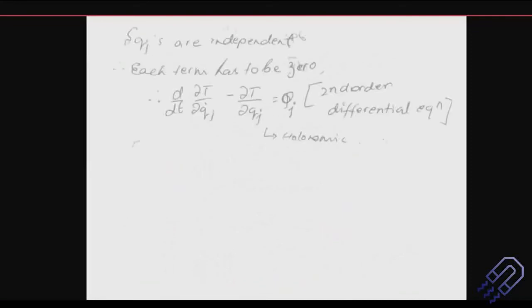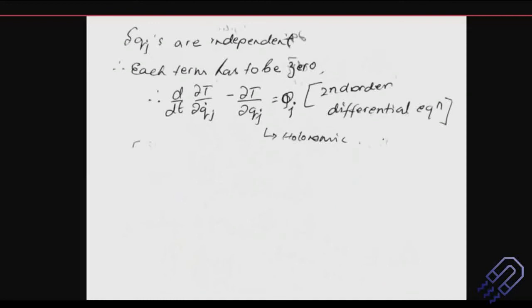In the next part, let's say these delta qj's are independent. If delta qj's are independent, then each term has to be 0. What do I mean by this?